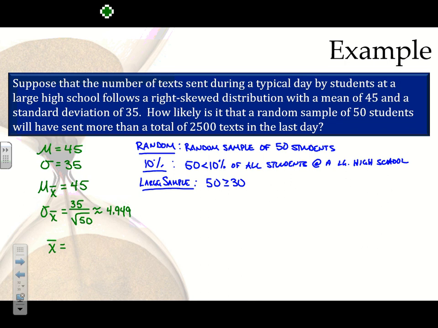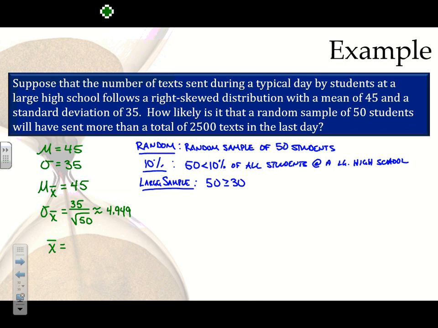So what is my X bar, my actual sample mean? Well, 45 is my population value. That's the center. Think about what this mean and standard deviation mean.